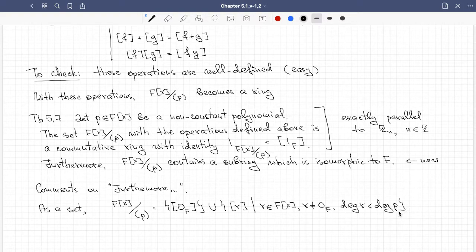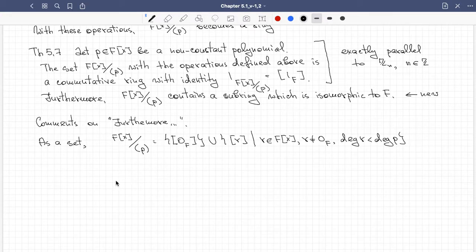In particular, we have a subset which consists of the class of 0. I still put it here. 0 has no degree, therefore the annoying necessity to every time write it separately, because all these polynomials must be not 0 to have a degree. 0 does not.